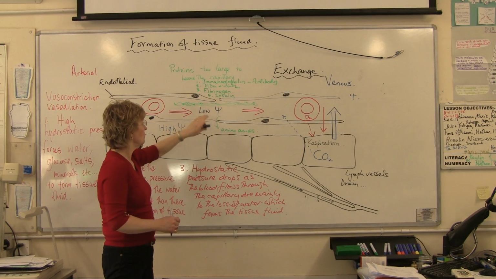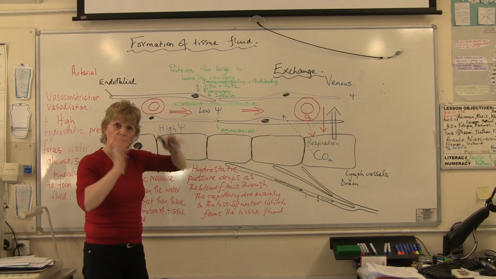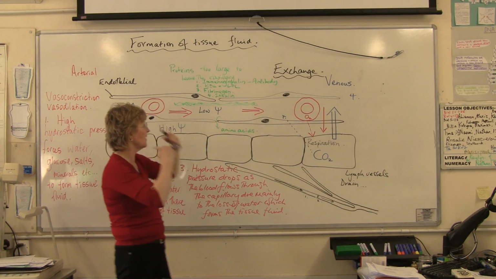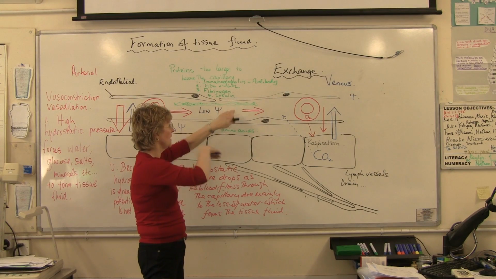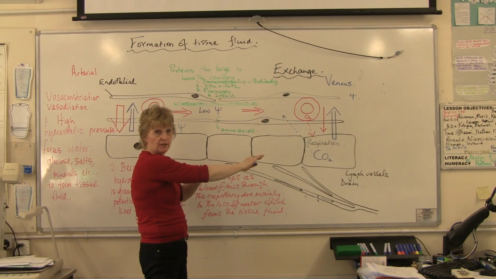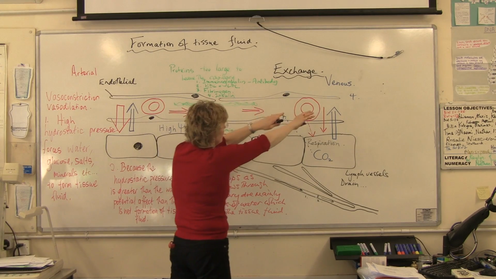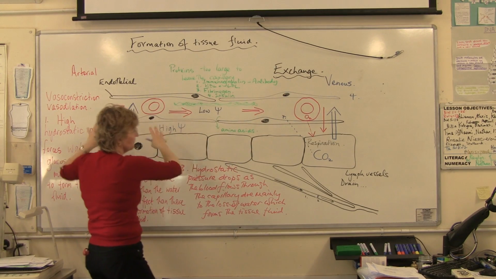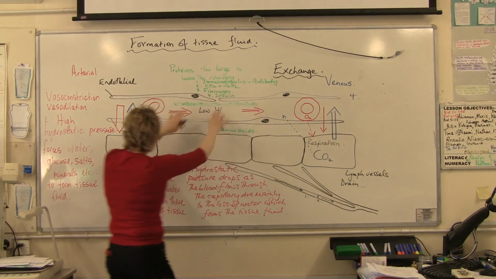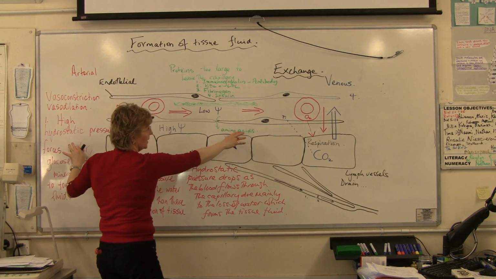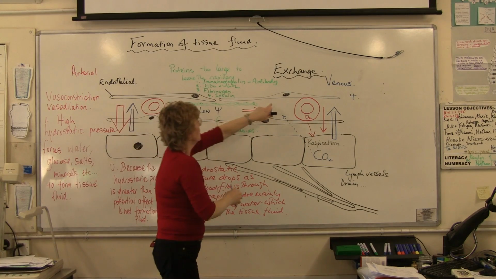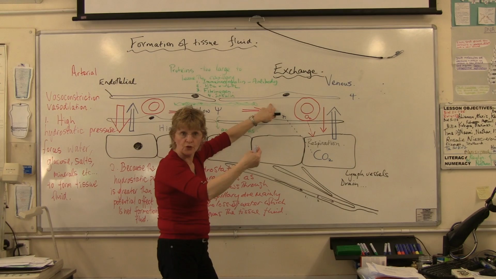Yes? So what we're seeing, remember that the water potential effect is due to the difference of water potential between the plasma and the tissue fluid. So as the blood has circulated through the capillary and water has left and formed the tissue fluid and taken the dissolved solutes with it, this has become more concentrated.